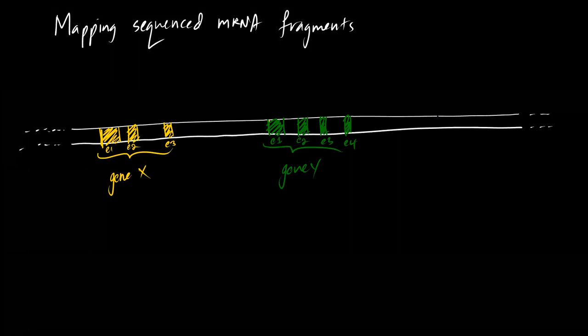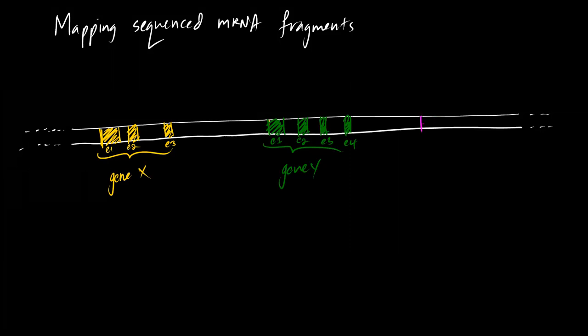And lastly, we have a gene maybe consisting of 2 exons like this. So this is gene Z, exon 1, exon 2.